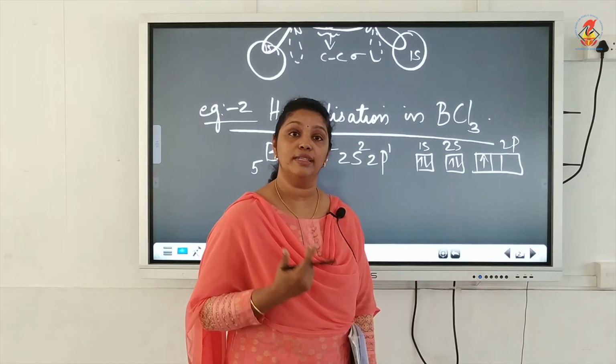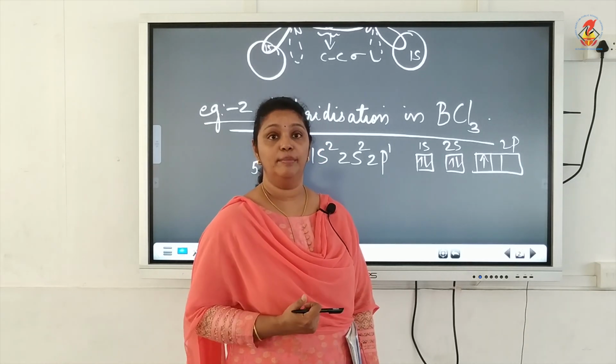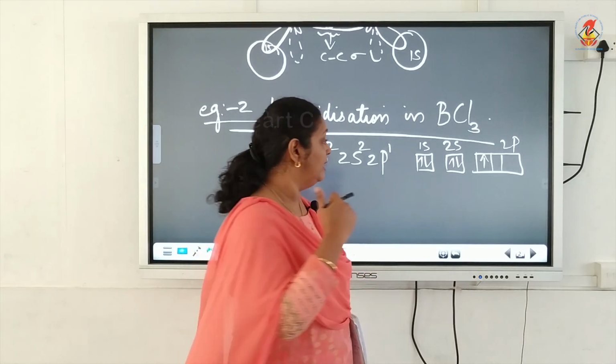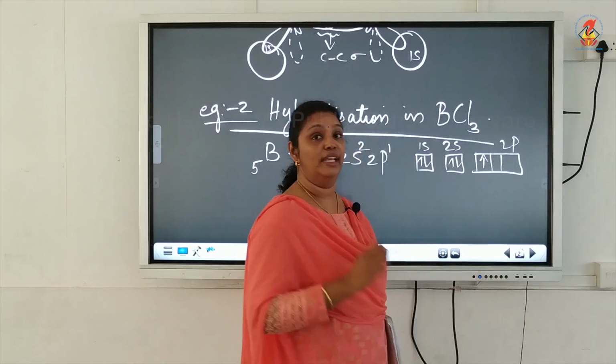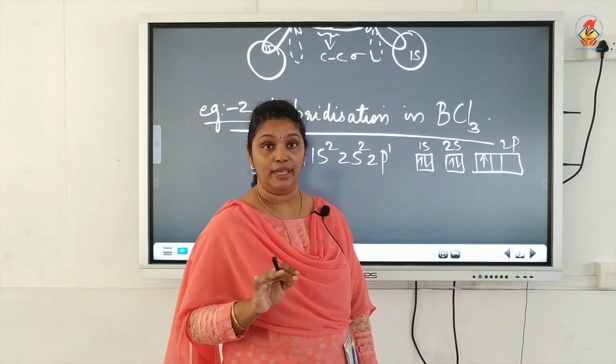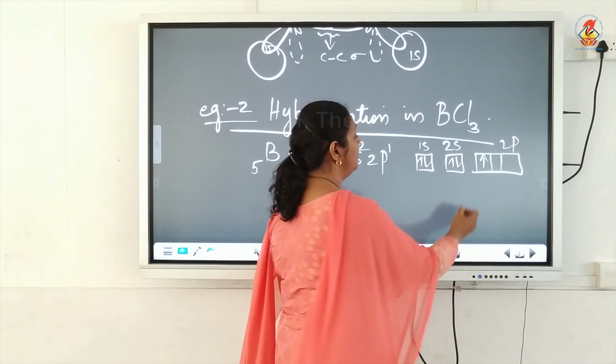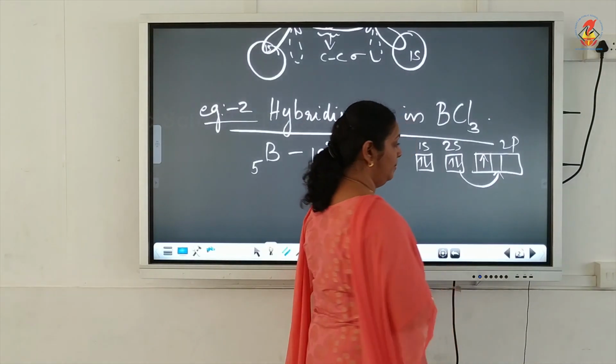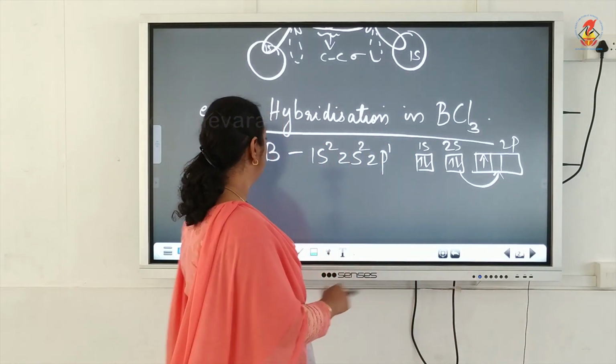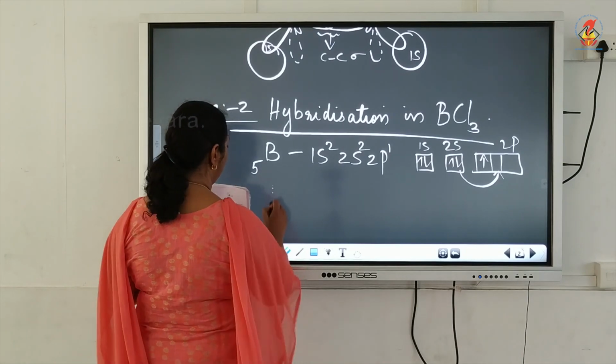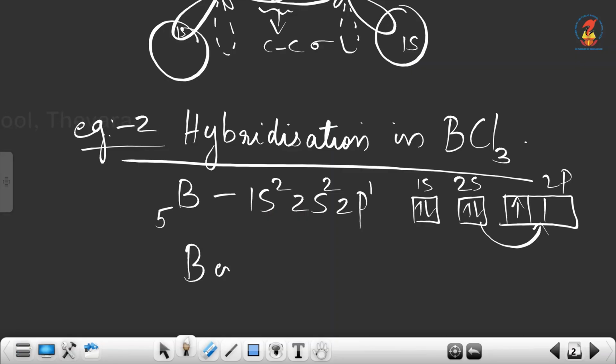So what will the boron atom do during hybridization? The paired electron in the 2s orbital will get unpaired and is promoted to a vacant 2p orbital. So the boron atom will get excited, meaning boron in the excited state.